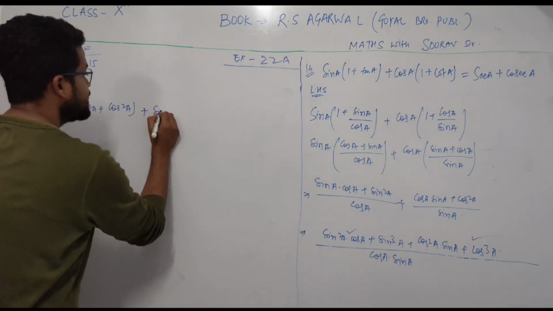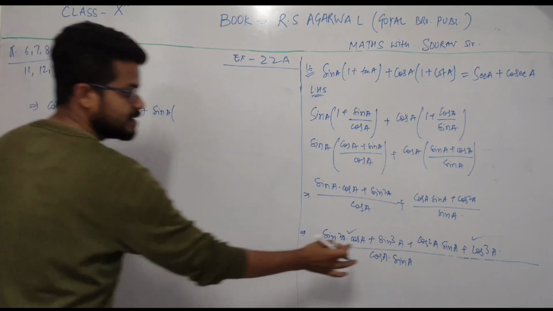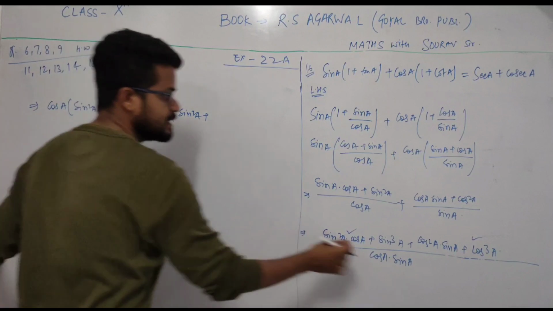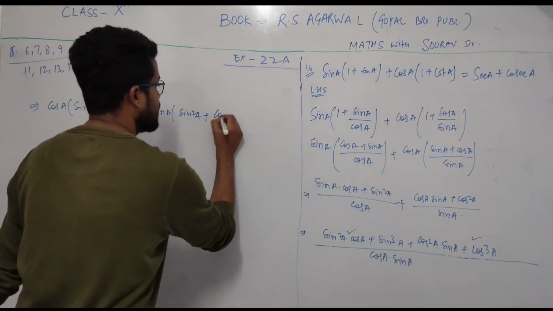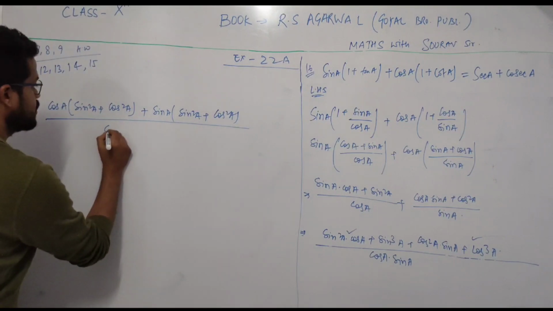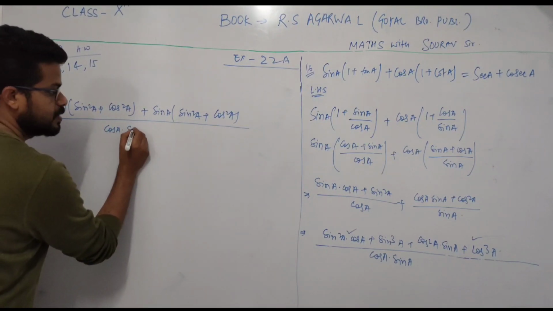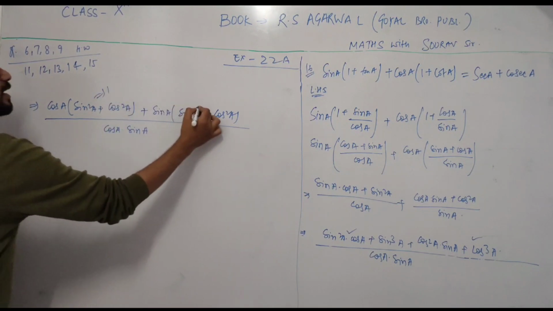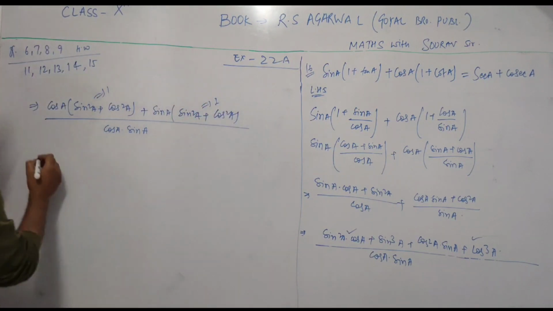Okay. Now again take LCM from this sin A. So if I take LCM sin A, here this is sin square A plus this is cos square A upon sin A. So this one is 1 and this is also 1.